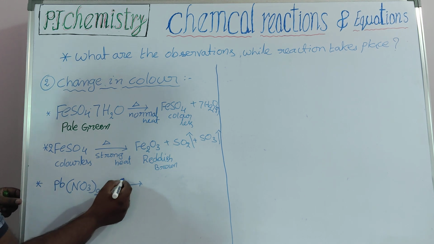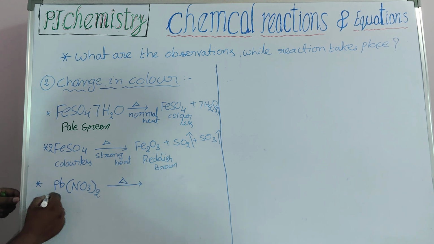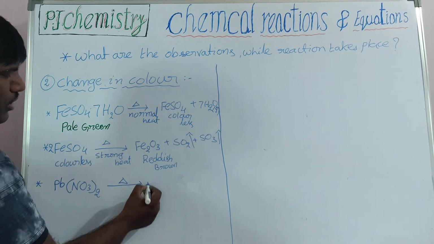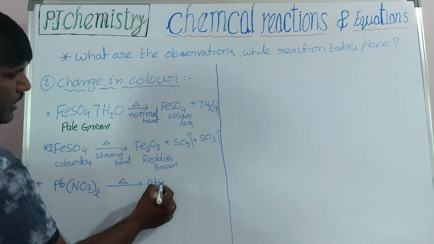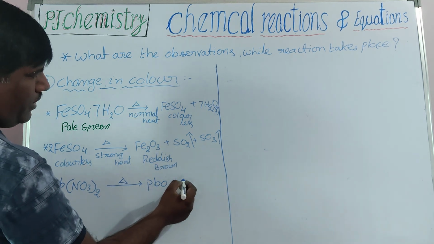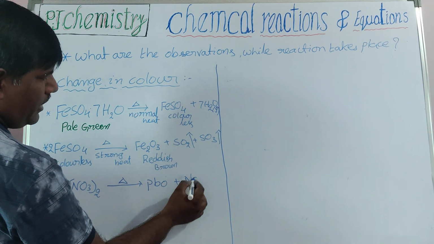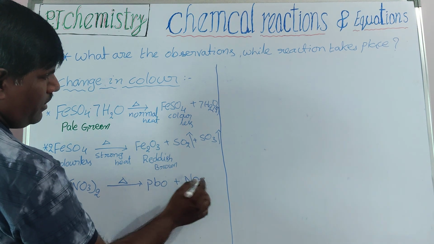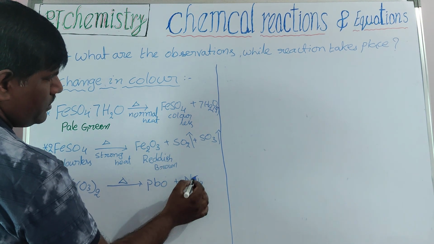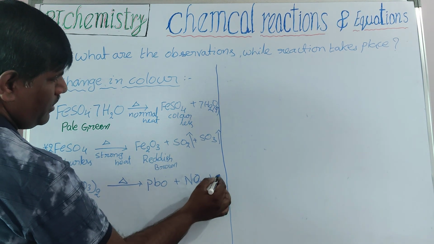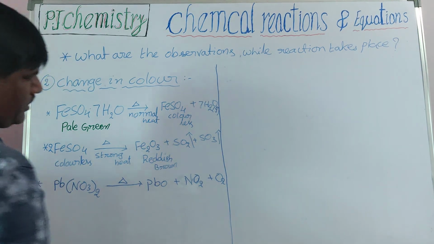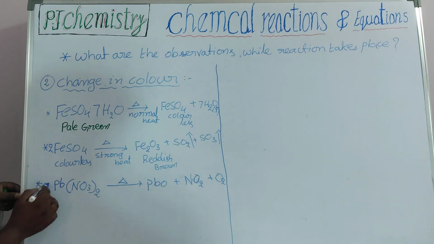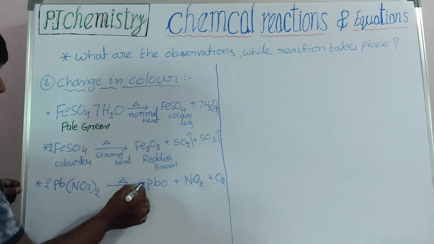When we give heat to this, it decomposes into lead oxide, nitrogen dioxide plus oxygen gas. To balance this, just multiply with 2.